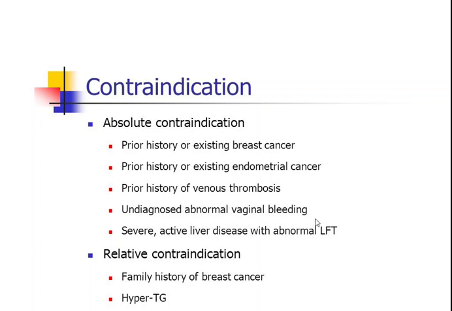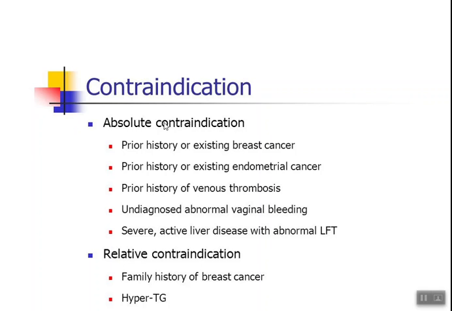Undiagnosed abnormal vaginal bleeding, means heavy menstrual bleeding or very scanty bleeding, so it is contraindicated. Severe active liver disease with abnormal liver function tests. And relative contraindications are family history of breast cancer, hypertension, gallstones, and gallbladder diseases.